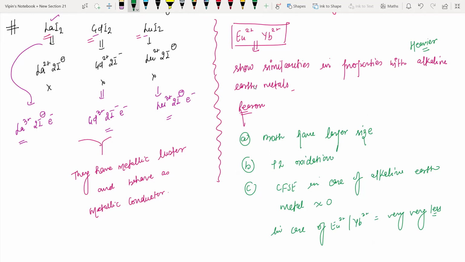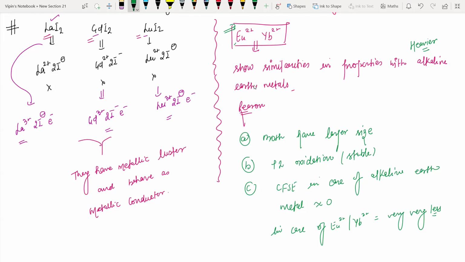So why are the properties of these lanthanides, like Eu2 plus and Yb2 plus, and the properties of heavier alkaline earth metals similar? Because they have larger size, and they have a stable plus 2 oxidation state, right? CFSC in case of alkaline earth metals is zero because there is no splitting of s orbitals.